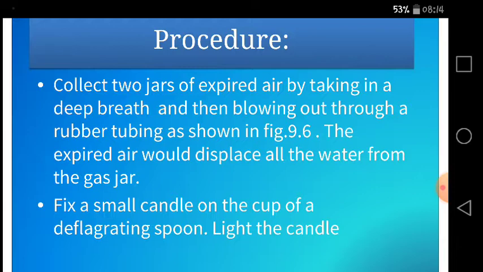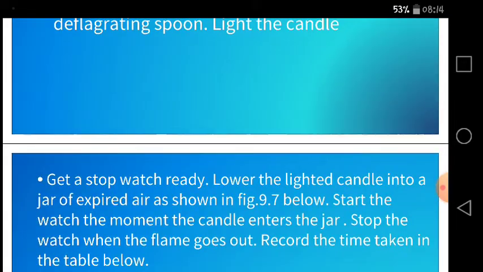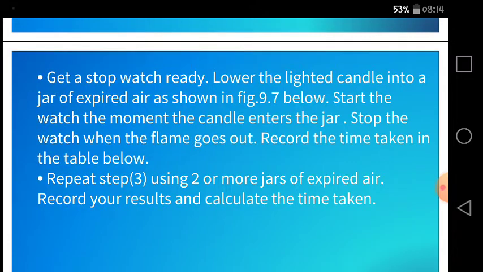Fix a small candle on the cup of a deflagrating spoon, light the candle, and get a stopwatch ready. Lower the lighted candle into a jar of expired air as shown in the figure. Start the watch the moment the candle enters the jar.